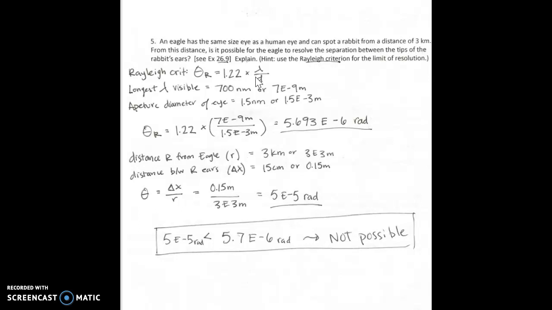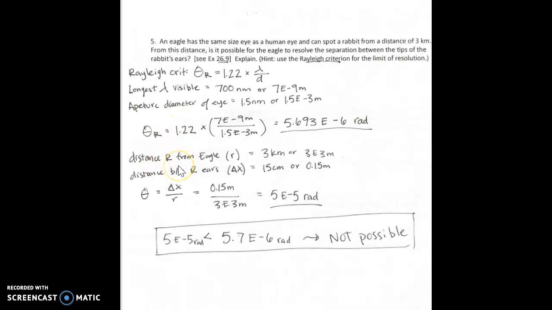And so plugging these numbers into that equation, we come out with the theta of 5.693 times 10 to the negative 6 radians. So we'll call it 5.7 times 10 to the negative 6 radians. So that's its smallest possible option.